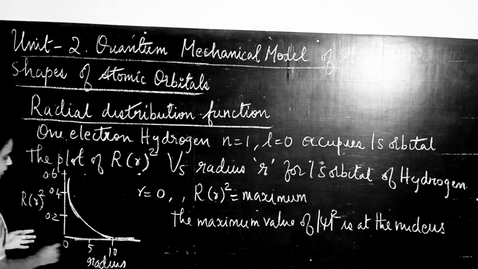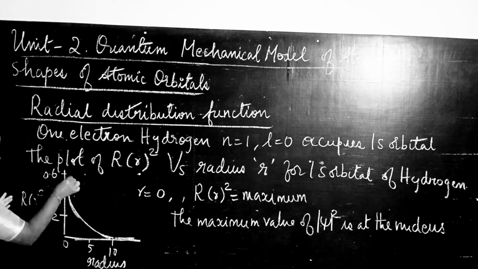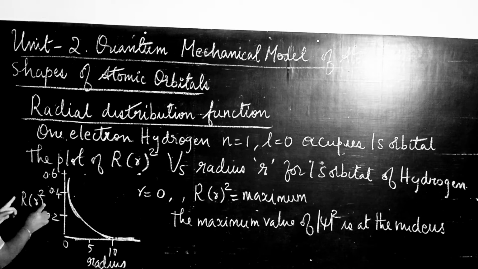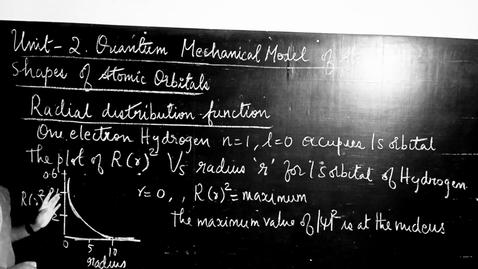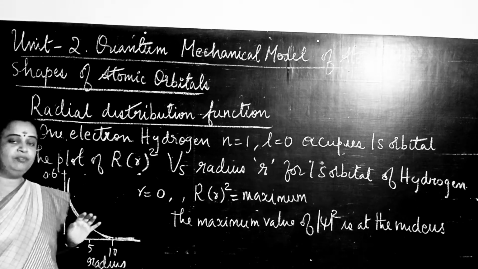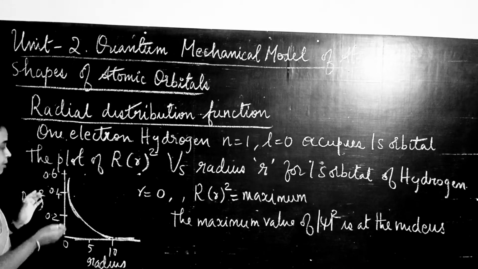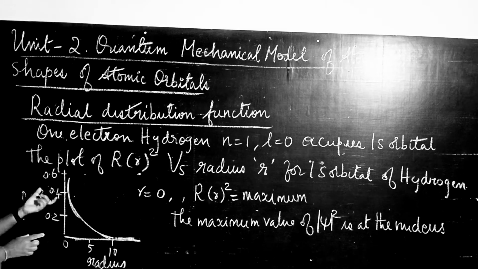You get a curve here like this. So in this curve, at 0.4, the radial wave function R R square is maximum here. So the probability of finding the electron will be more near the nucleus, and because of that this radial wave function value will be maximum.